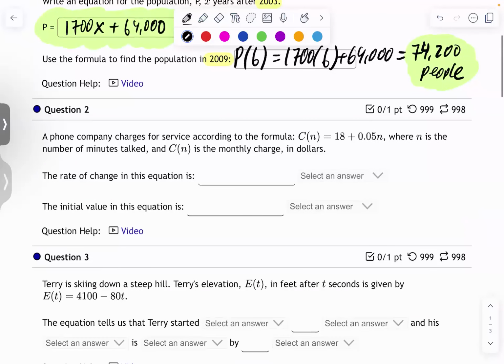A phone company charges for service according to a formula C of n equals 18 plus 0.05n, meaning the cost, where n is the number of minutes talked, and C is the monthly charge. So the rate of change in this equation is the slope. That's the number in front of the variable. So that's 0.05.